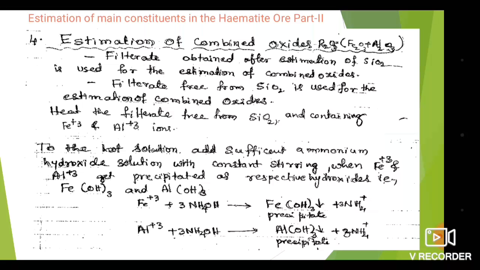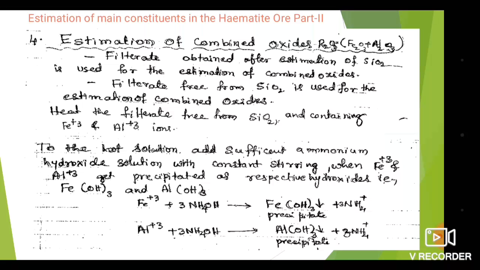Fe+3 and Al+3 get precipitated as their respective hydroxides, that is Fe(OH)3 and Al(OH)3, the ferric hydroxide and the aluminum hydroxide.